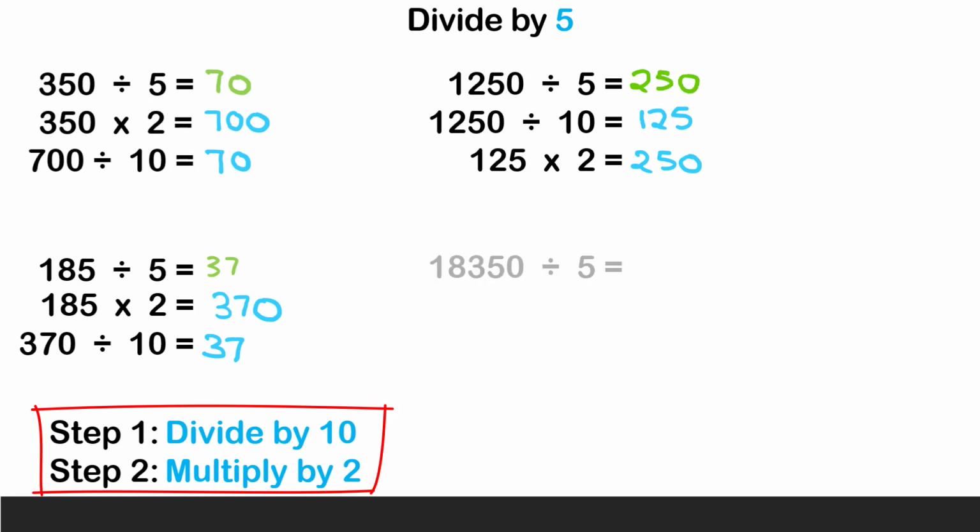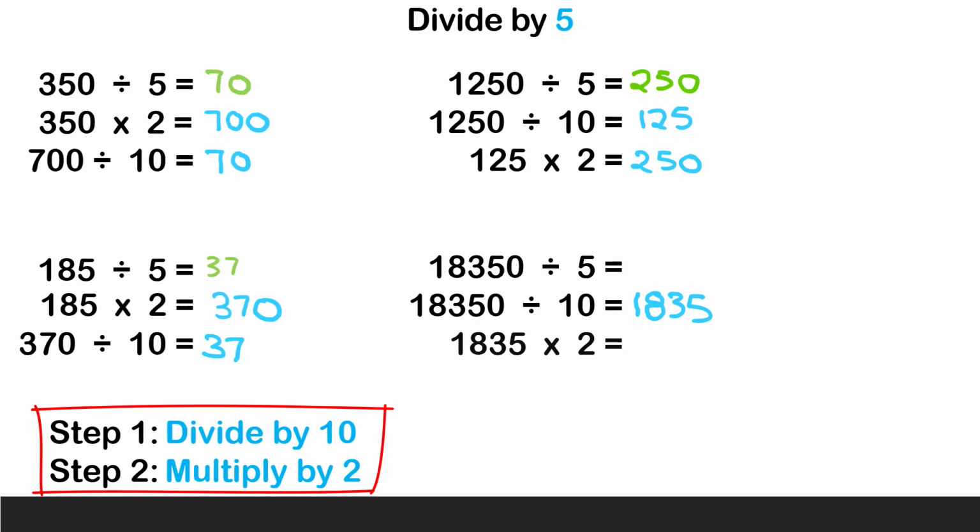Let's take a larger number. 18,350 divided by 5. Step 1. Divide by 10. So 18350 divided by 10 is 1835. Step 2. Multiply the answer by 2.